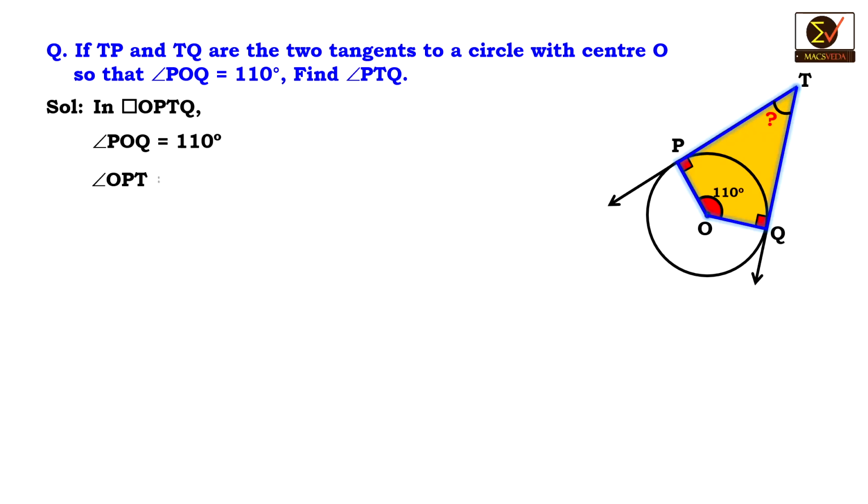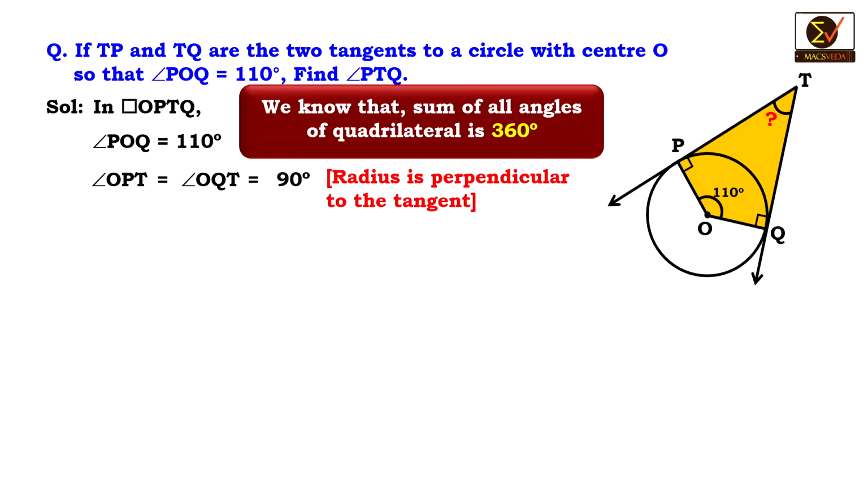So we know angle OPT is 90 degrees and angle OQT is also 90 degrees. So in the quadrilateral, we know three angles: 90, 110 and 90. We need to find the fourth angle. But the sum of all angles of a quadrilateral is 360 degrees. So angle POQ plus angle OPT plus angle OQT plus angle PTQ is equal to 360 degrees.